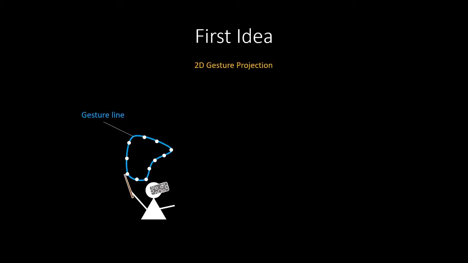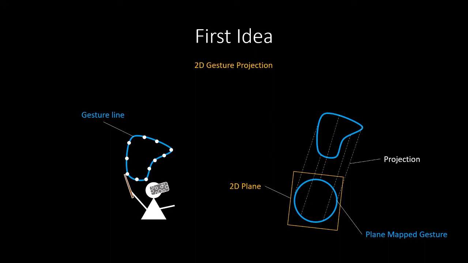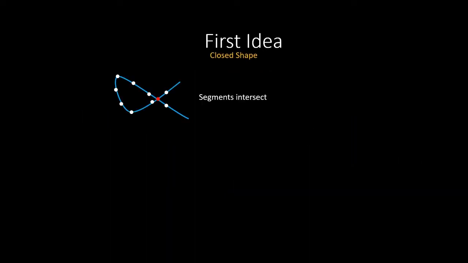In my first idea, the controller holding the wand would record its position in 3D space every instant, and I could then try and project that point from 3D into a 2D plane. Once in 2D space, it would be easier to try and identify what the gesture was, whether it was a circular motion, for example. I could use line intersections to identify whether it was a closed motion, and I could see whether its internal angles respected certain rules to see if it was a full circle.